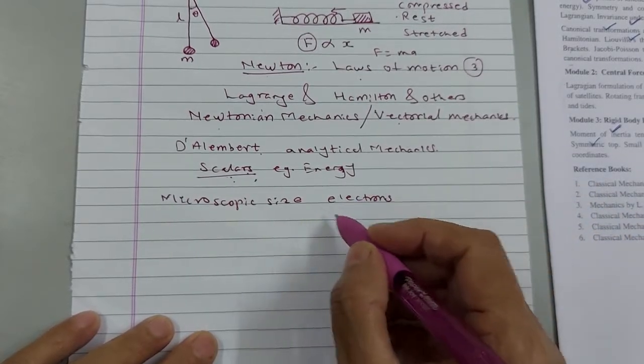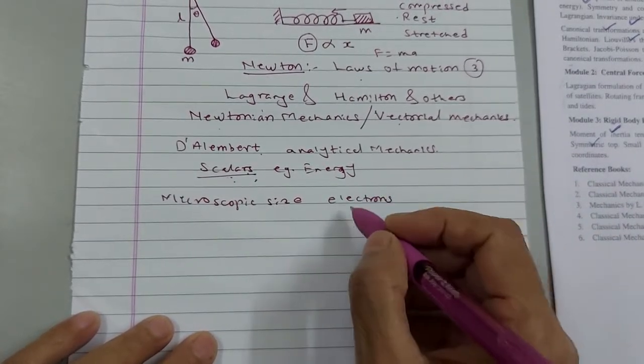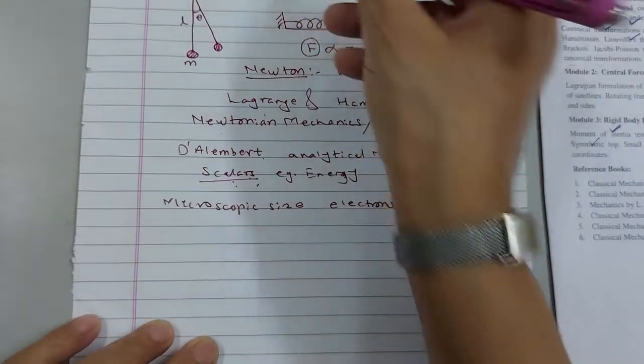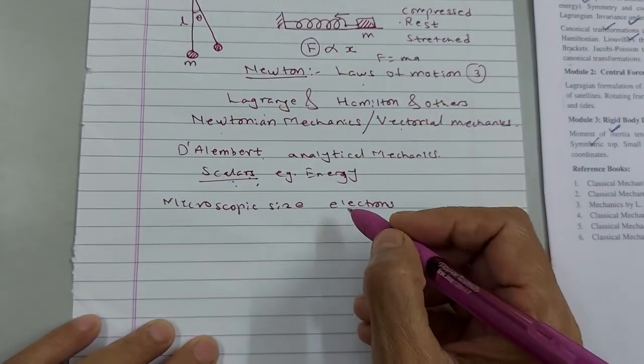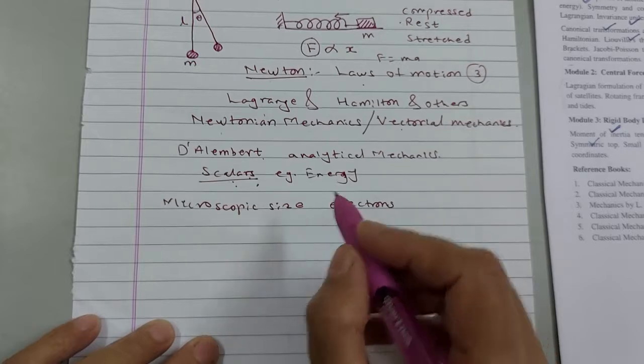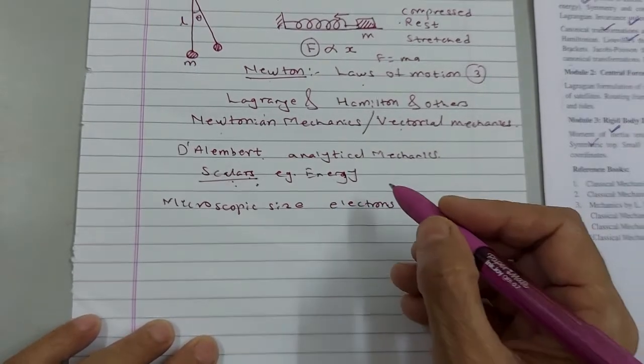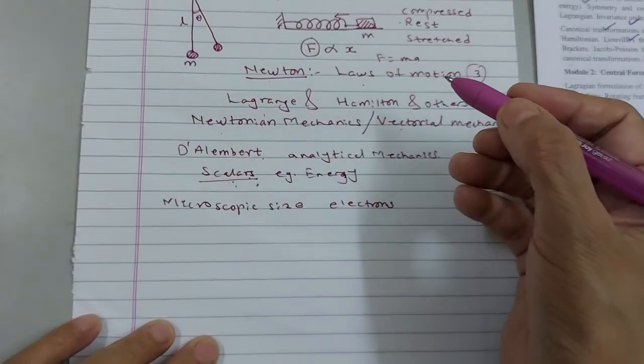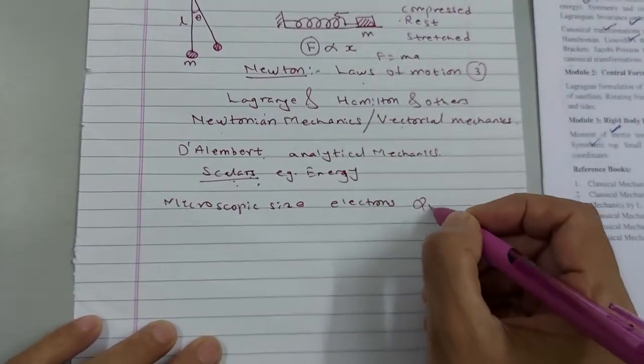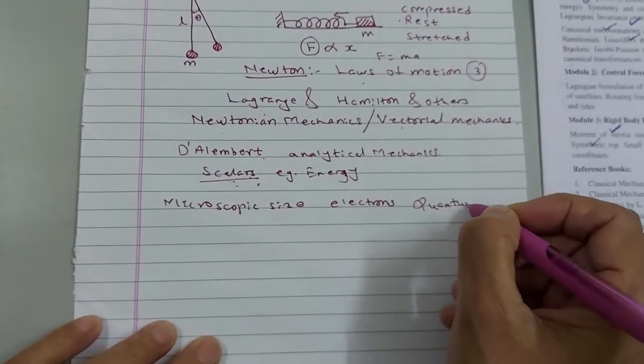We will not be able to observe the motion of electrons in an atom by classical mechanics. So classical mechanics will fail and you need to approach a different view that comes under quantum mechanics.